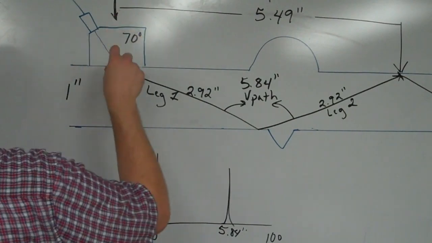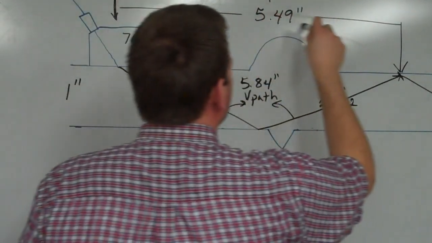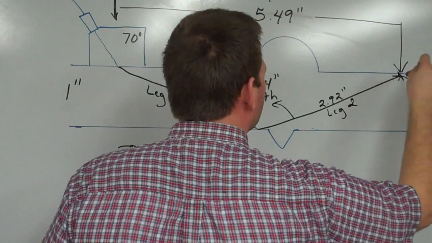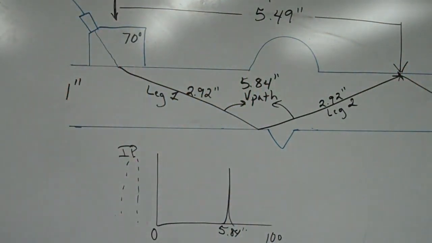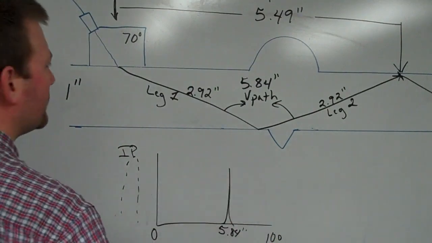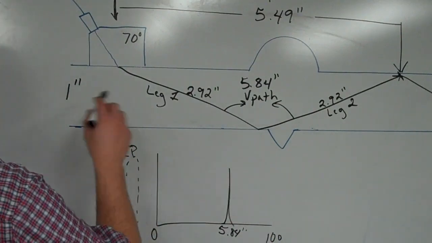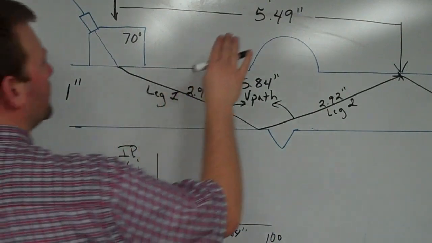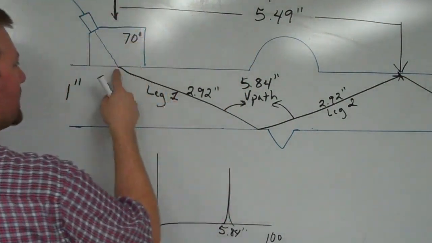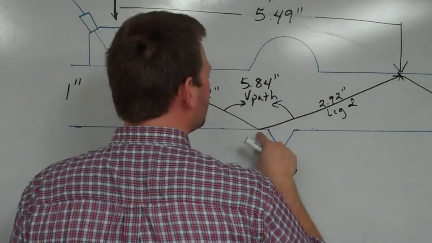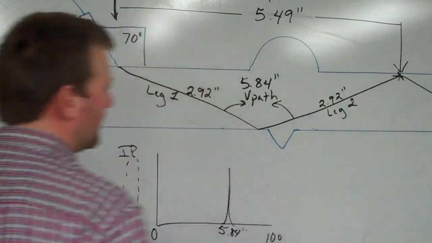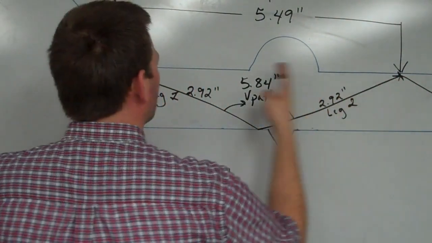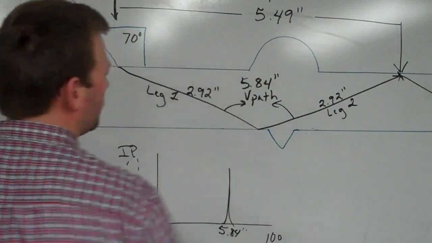We'd go straight up from our beam exit point, go straight across the plate, come straight down, and that's where the sound would exit the part if there was another transducer there to pick it up. But since there's not, we're just looking for this distance so we know where the sound enters, where it bounces at the bottom, and then where it's going to bounce again at the top and head back down. That way, we can control our distance away from the weld.